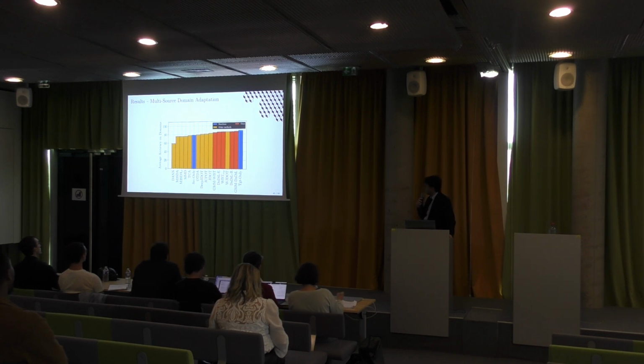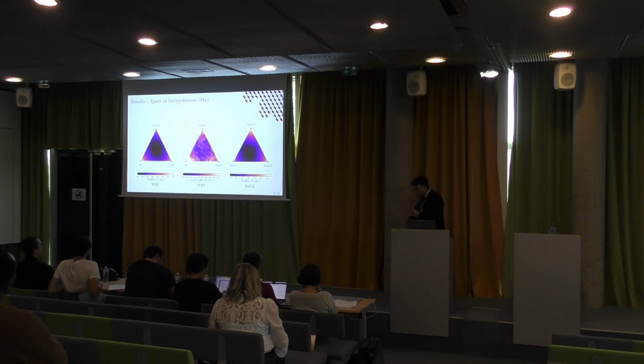And even approaching the target-only case, which I said before is a rather optimistic case where you don't have distributional shift. Of course, since we're doing unsupervised domain adaptation, that is, we have no labeled samples on the target, we still have a little gap in performance, but we get quite close to this optimistic case.